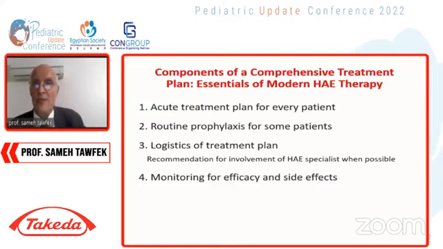Components of a comprehensive treatment plan for new medications in hereditary angioedema: an acute treatment plan for every patient, routine prophylaxis in some patients, a logistic treatment plan, recommendation of involvement of hereditary angioedema specialists when possible, and monitoring the efficacy and side effects.